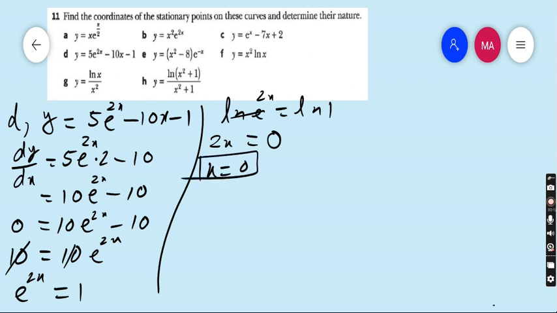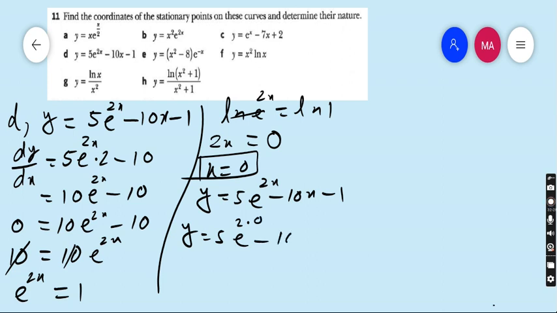Put this value of x in the given question. y is equal to 5 e^2x minus 10x minus 1. So y is equal to 5 e^(2 into 0) minus 10 into 0 minus 1.